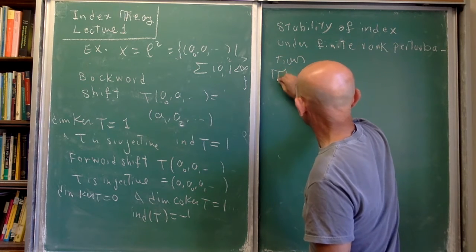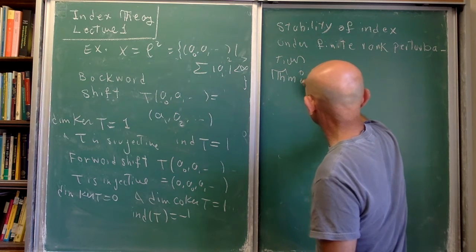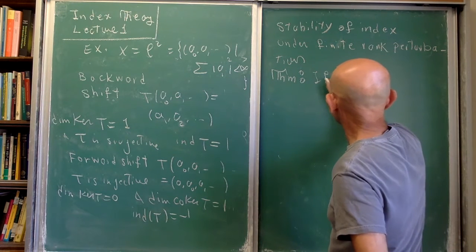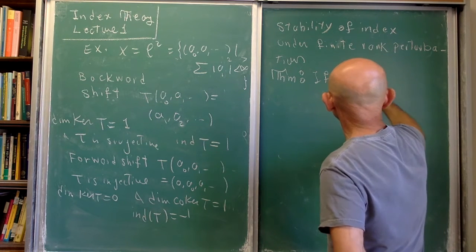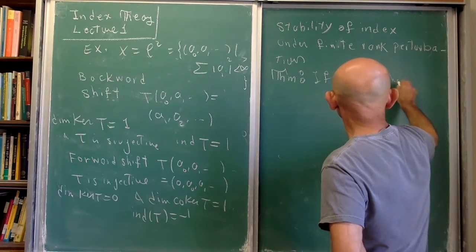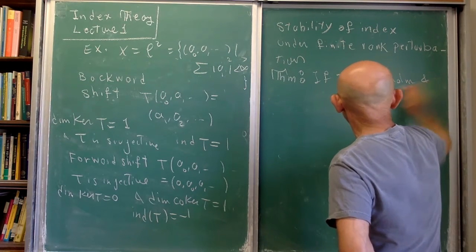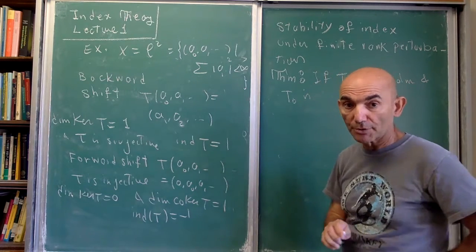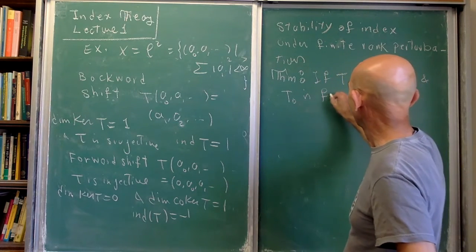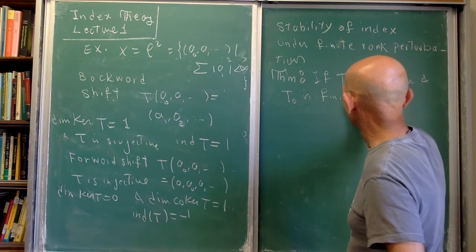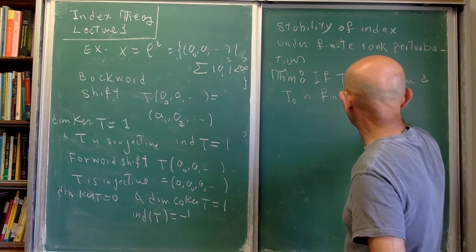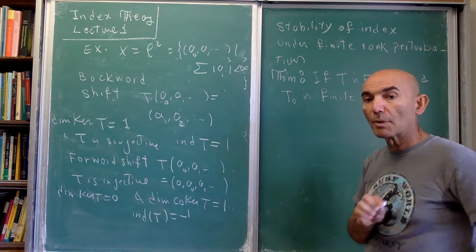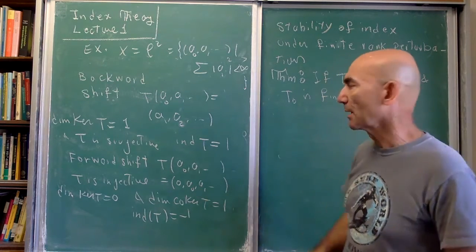So the relevant theorem is this. If T is Fredholm and T0 is a finite rank operator, then T plus T0 is Fredholm and its index is the same.